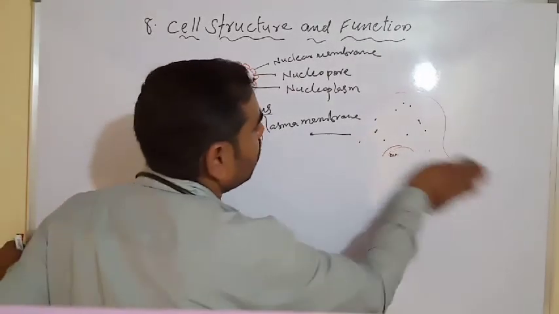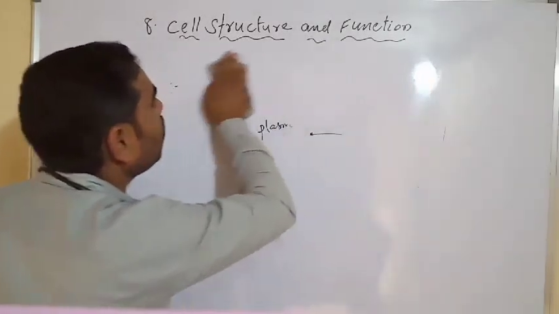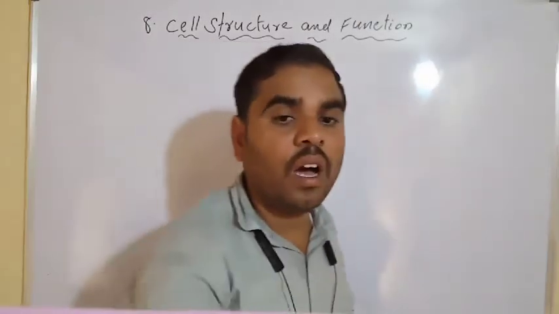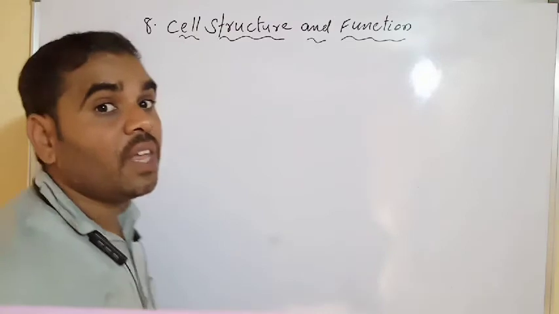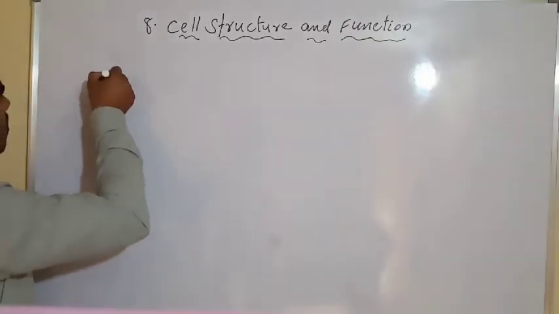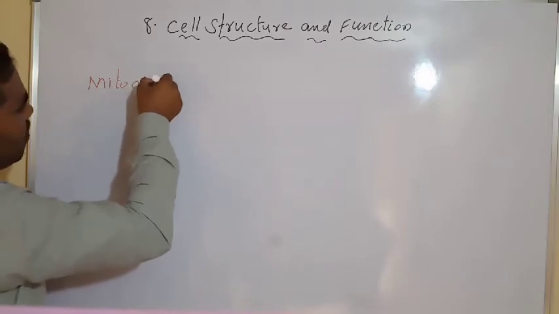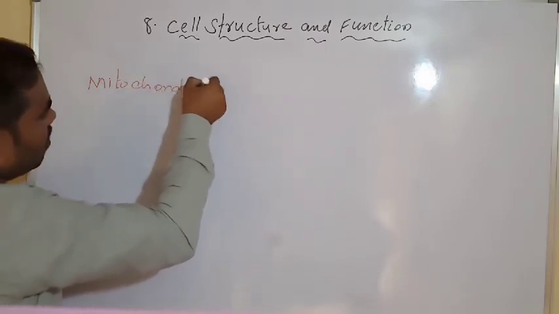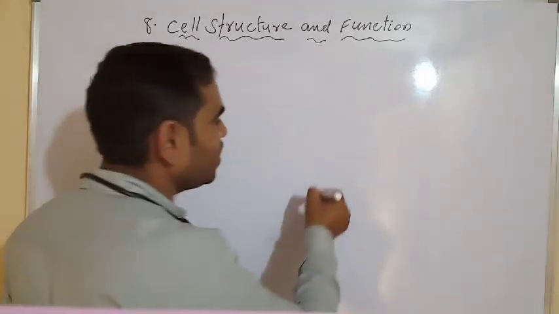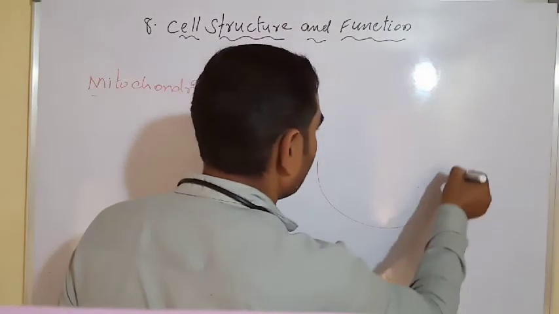Next we have to learn the mitochondria. We call mitochondria the powerhouses of the cell. This is a mitochondria. Mitochondria has an oval shape.